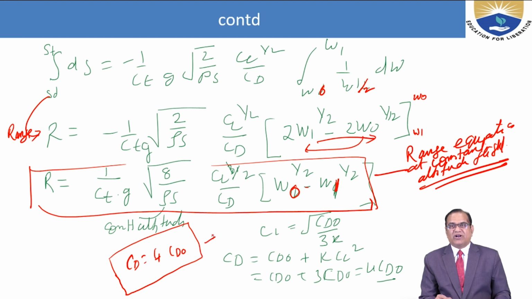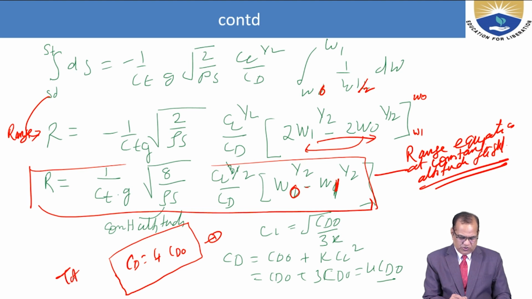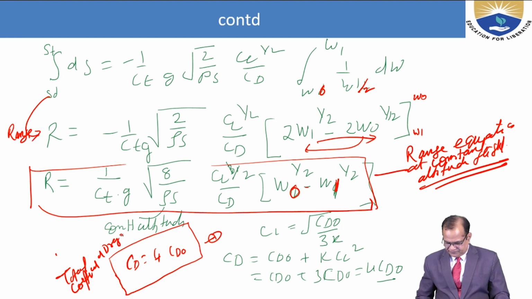This is one more condition we have got. For this condition, your CD should be 4 CD naught. CD is the total coefficient of drag. So this is this much.